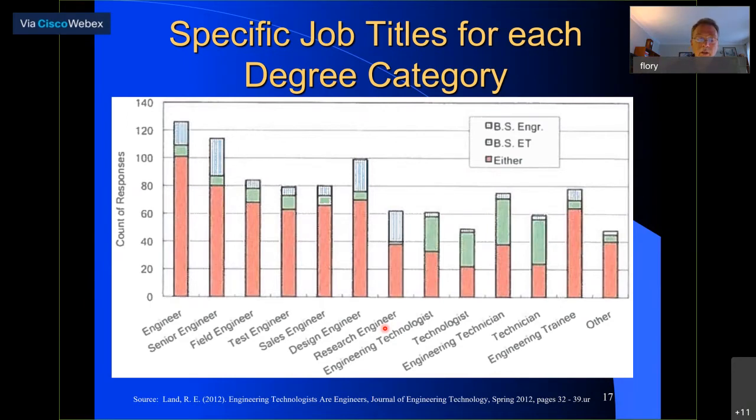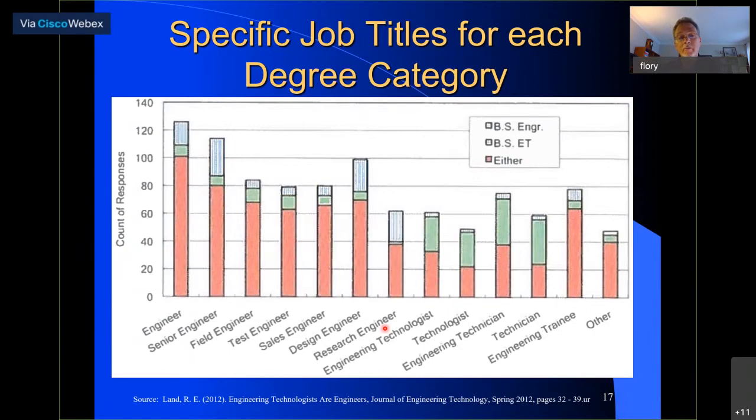And as you see along the horizontal axis here, we have many titles that are used in industry. And I'm sorry for the quality of this, but this is just the way it was available originally. But anyway, if you can see across the bottom, you see things like engineer, senior engineer, field engineer, test engineer, sales engineer, etc. You go all the way to the right, you see things like technician, engineering trainee, and then other.